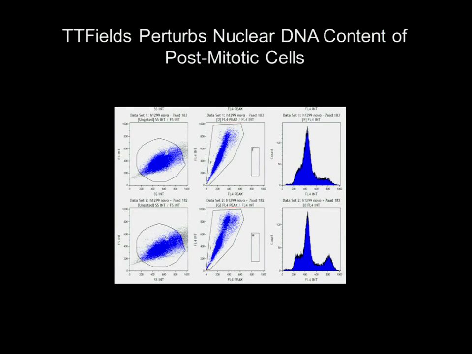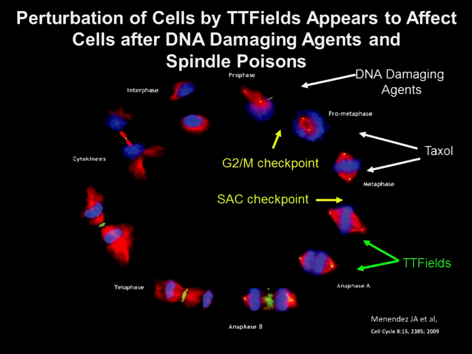So many of these cells have simply tried to divide and gave up, and then they crawl out and become these 4N cells. That means that TTFields, unlike traditional chemotherapy agents, act at a very late part of the cell cycle. And at this part, there really isn't an evolved mechanism to prevent the cell from becoming deranged in the post-mitotic state.